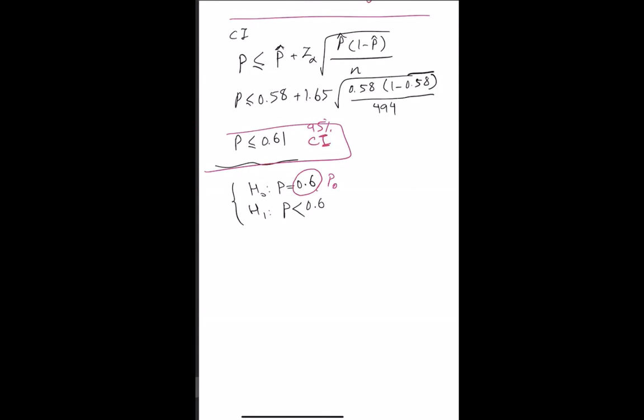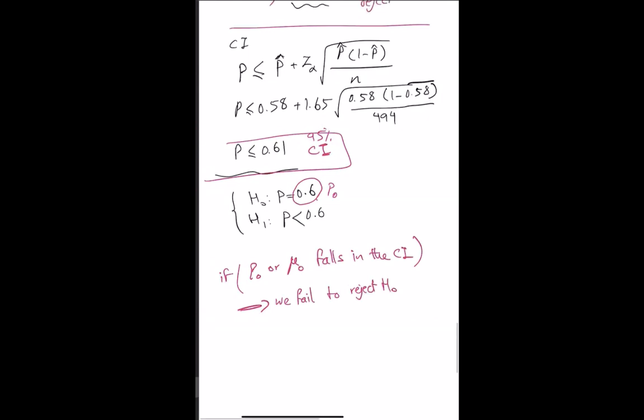You would fail to reject the null. Exactly. If P naught or mu naught falls in the confidence interval, then we fail to reject H null.